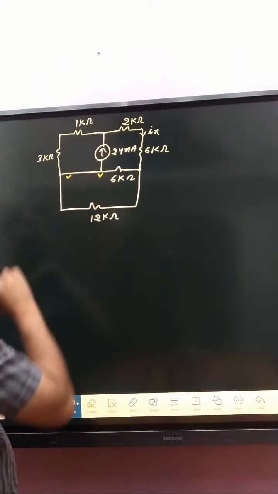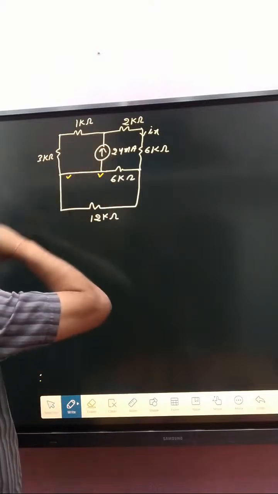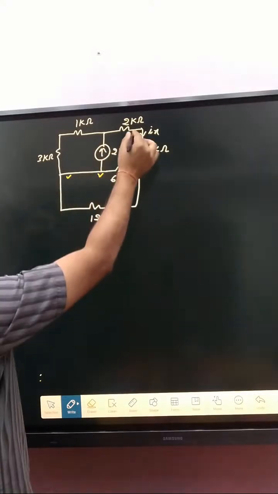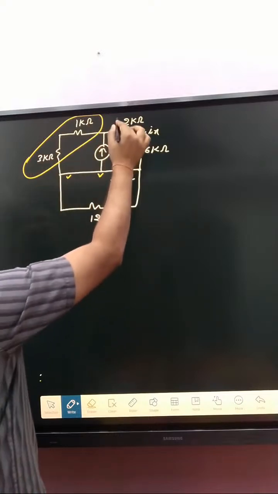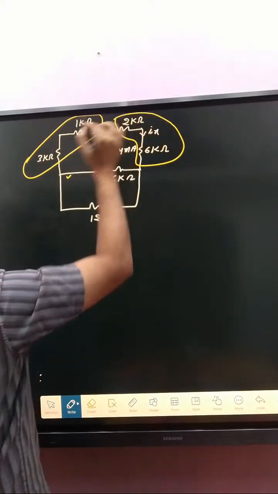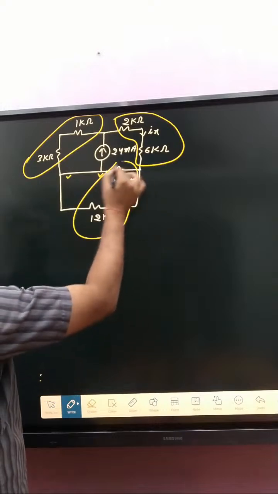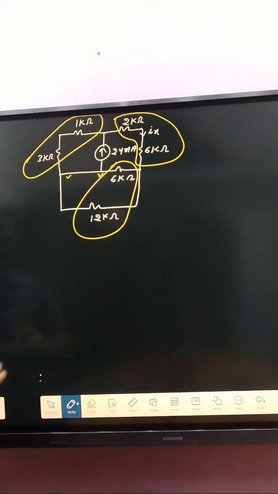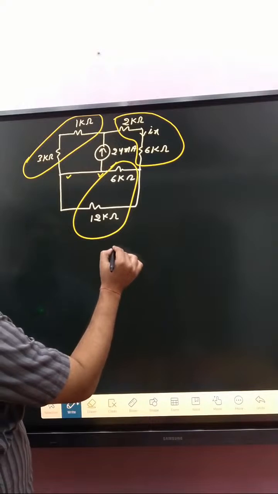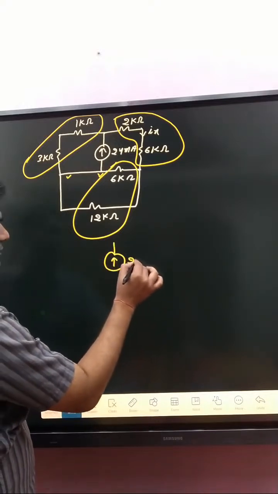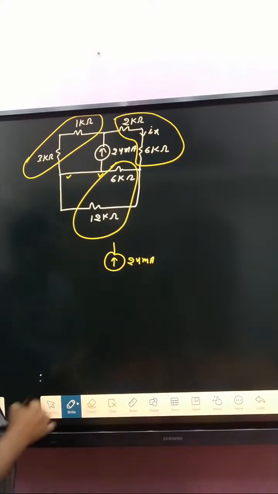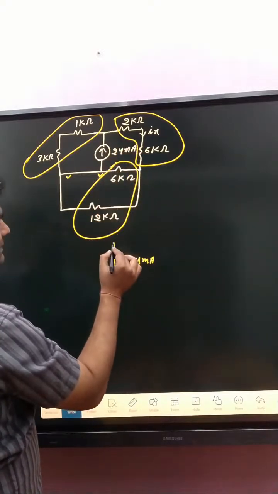So combination of these two first, and these two are in series, and these two are also in series. So first of all, minimize that circuit. And that one is how much? 24 milliampere.